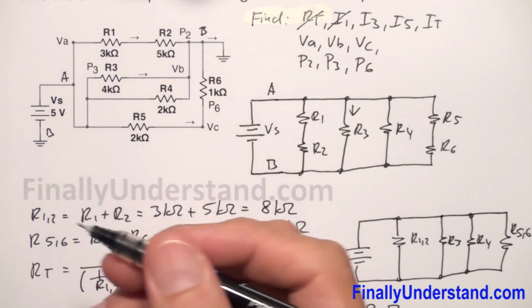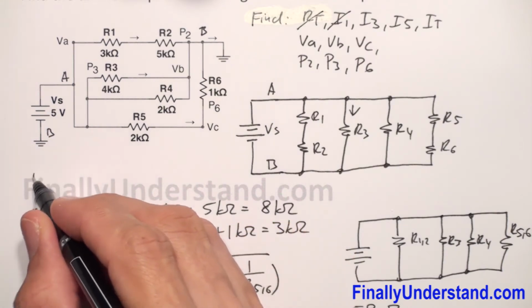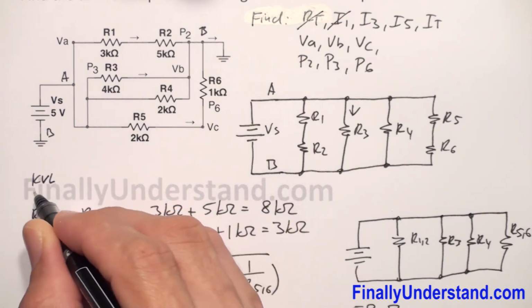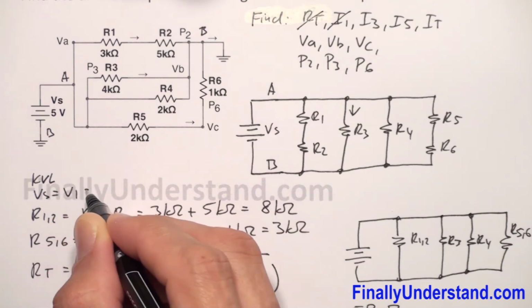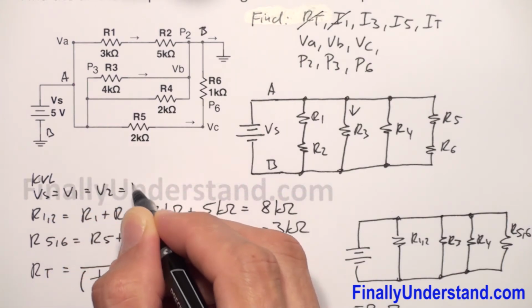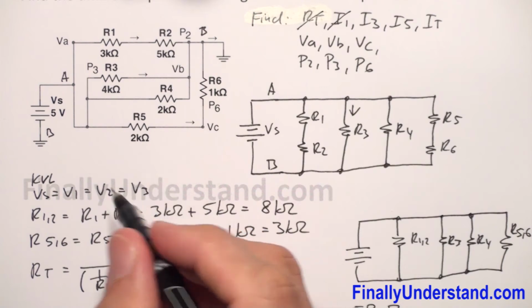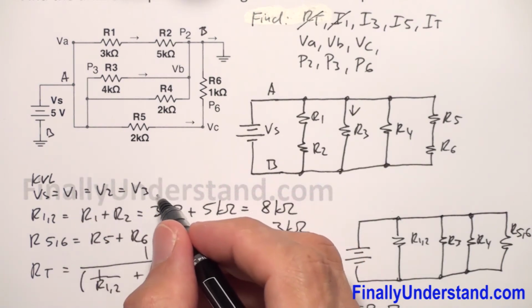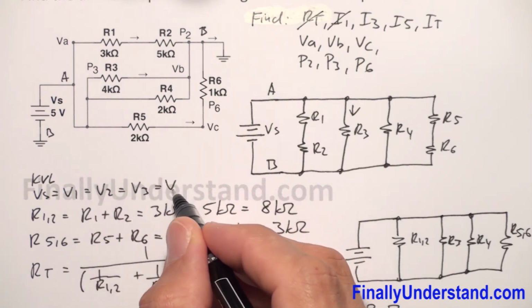Let me just remind you that KVL says that the voltage source is equal to V1, is equal to V2, is equal to V3, and is equal to V4.